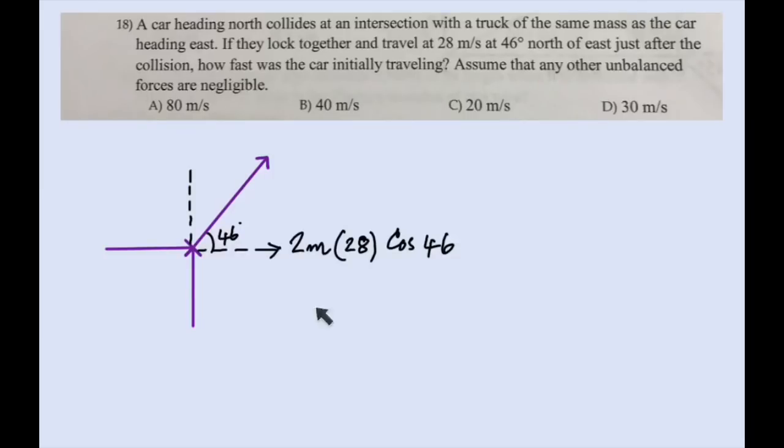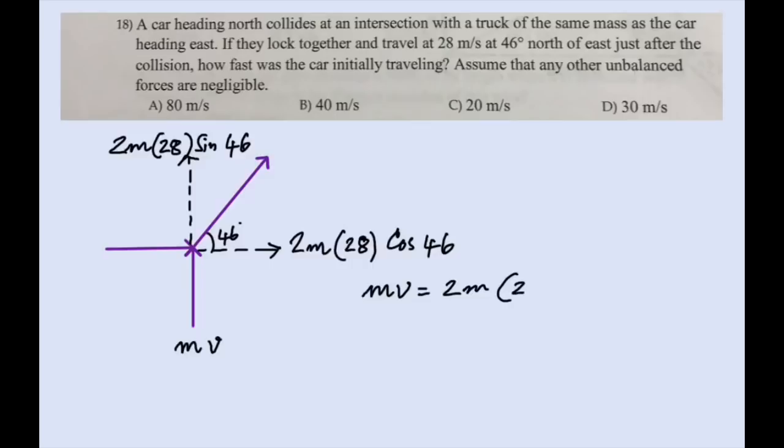Because both have the same mass, the total mass is 2 times m times velocity cosine 46. And so the vertical would be 2 times the mass, 28 sine 46. And the vertical component should be equal to the momentum of the car.